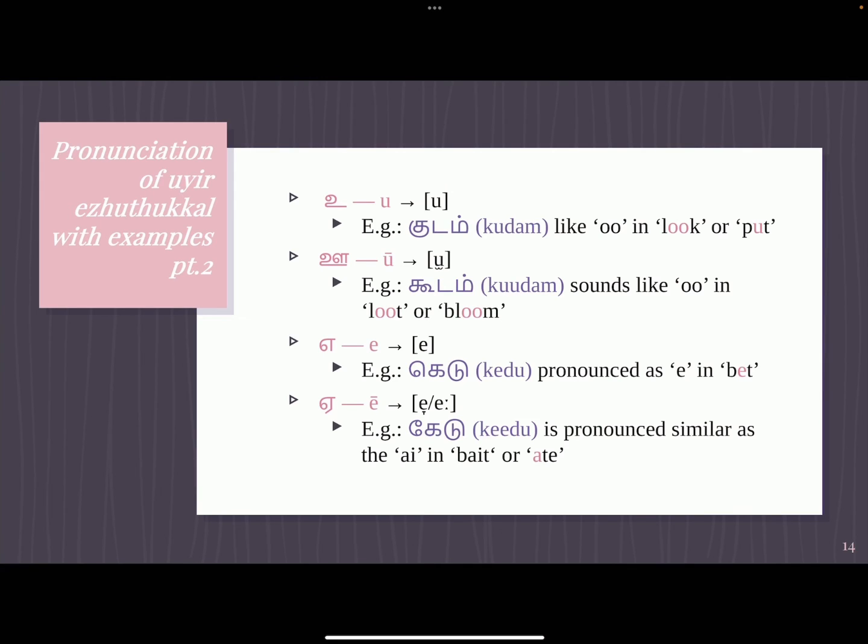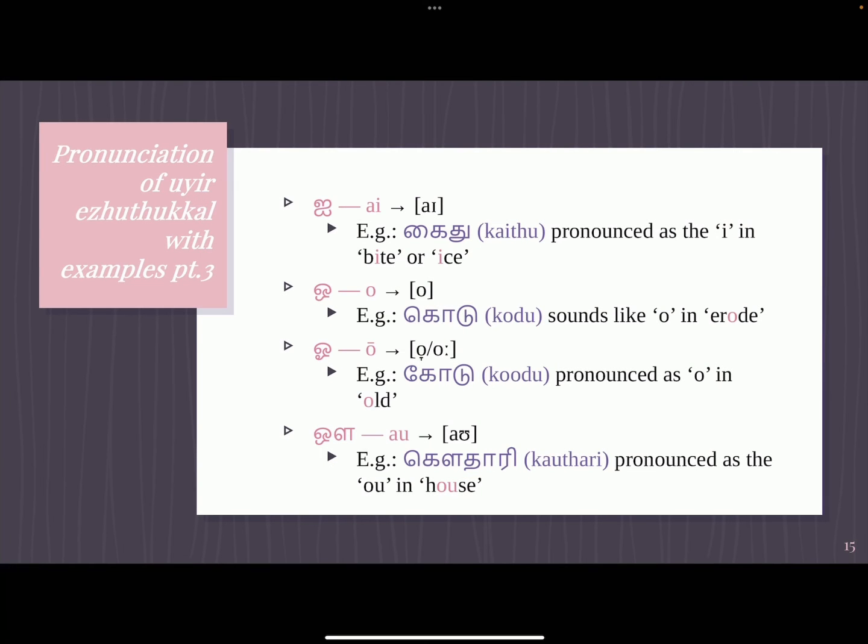E, like in kudu, pronounced as the E in bed. The next one is the longer E, pronounced as kudu. It is pronounced similar to the A in bait or eight. Next one is AI. An example in Tamil would be kai, pronounced as the I in bite or ice.